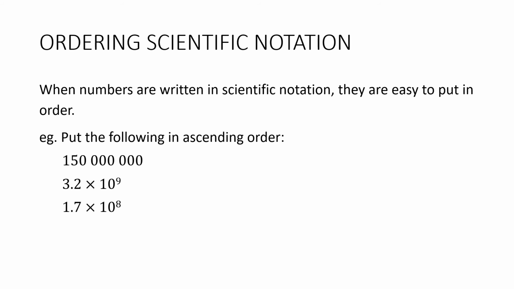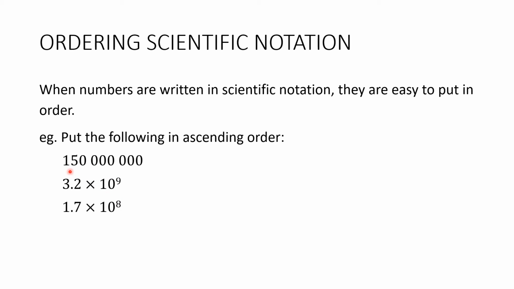Now, another reason to write numbers in scientific notation is it makes it easier to order them. Suppose we've got this question. Put the following in ascending order. Remember, that means smallest to largest. 150 million, 3.2 times 10 to the power of 9, 1.7 times 10 to the power of 8. Now, it's difficult at the moment because they're in different notations. But if we turn this one into scientific notation, we can compare these powers.